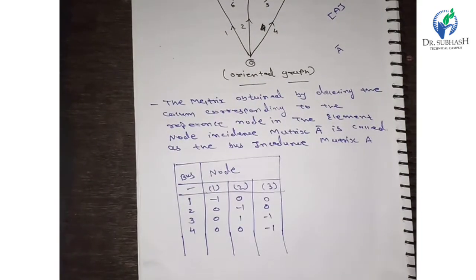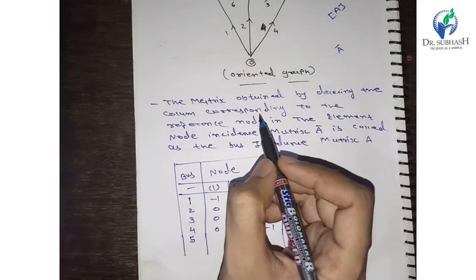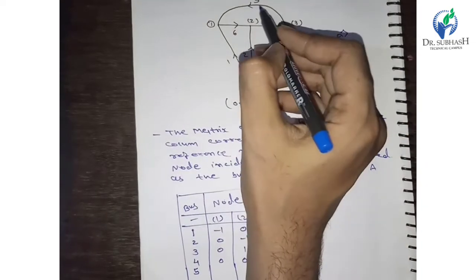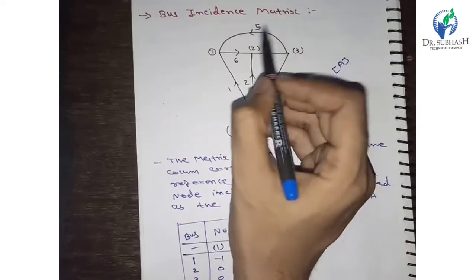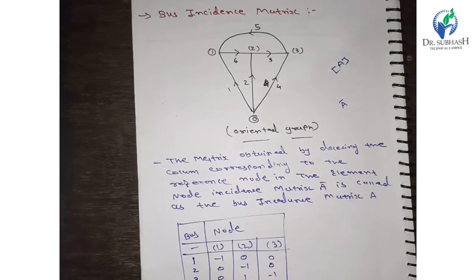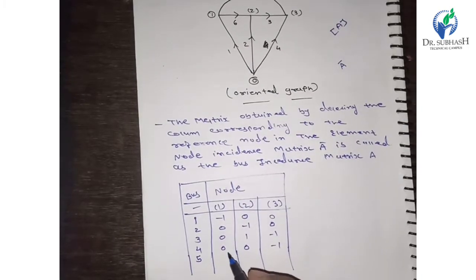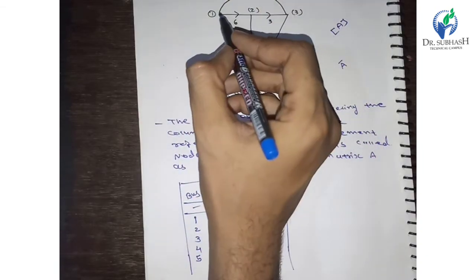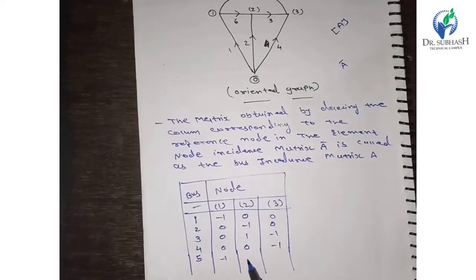When we take bus number 5, it is connected between node number 3 and node number 1. So in node 1 the value is -1, in node 2 the value is 0, and in node 3 the value is +1.